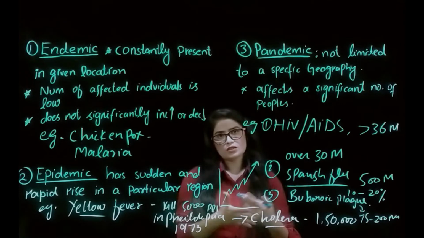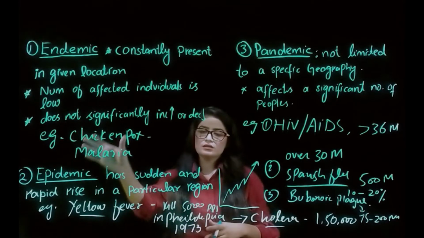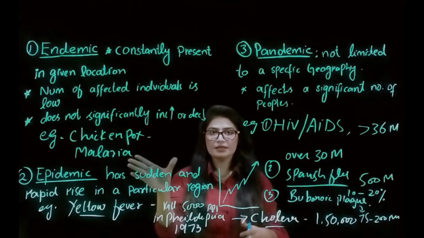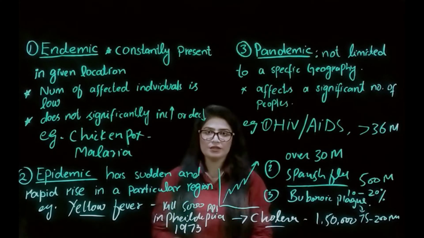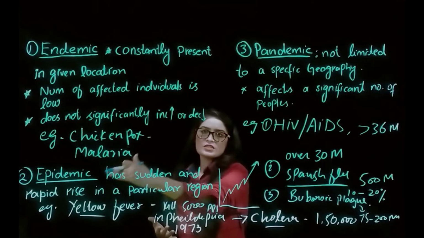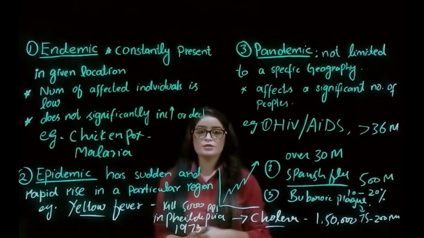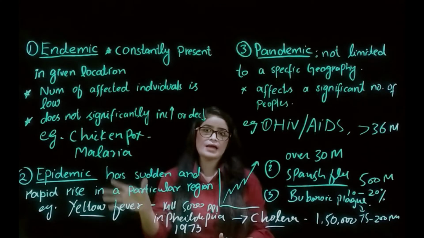It's just there over time. We have the examples of chickenpox, which mostly affects children, and malaria, which is still present in most parts of Africa. Then we discussed that an epidemic has a sudden and rapid rise in a particular region. So this is the difference between endemic and epidemic.